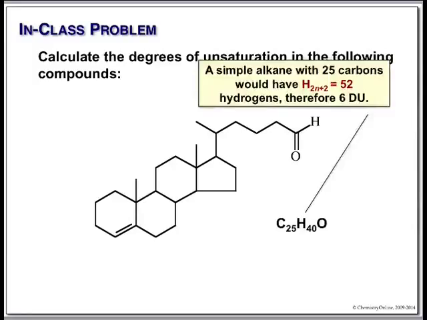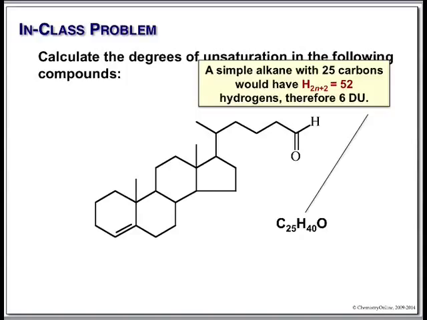It's a long way, because that's a long way to count. We know we're just going to ignore the oxygen, aren't we? So if we had 25 carbons, we should have 52 hydrogens. Therefore, we are missing 12 hydrogens or 6 degrees of unsaturation.